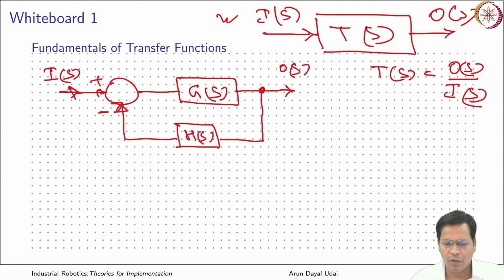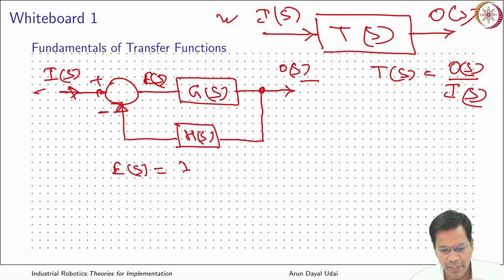Now let me see what should be the equivalent transfer function that connects the output to the input. The signal which is seen here, let us say E(S), is the difference of these two. So E(S) is equal to I(S) minus O(S) into H(S), which comes here.